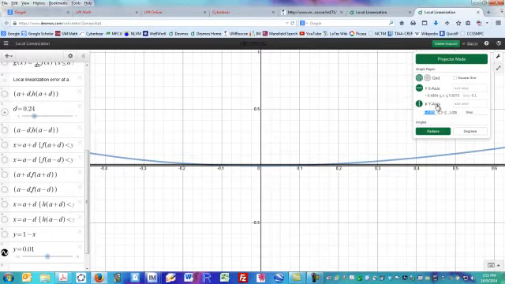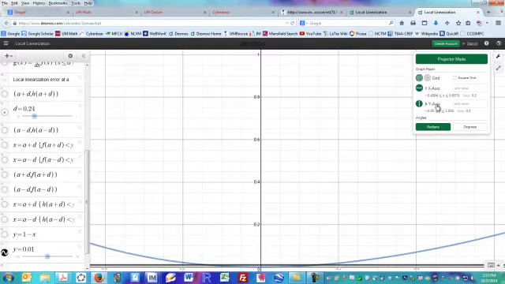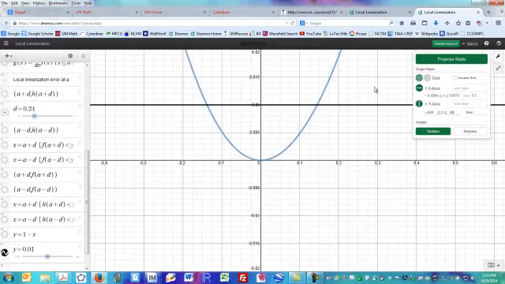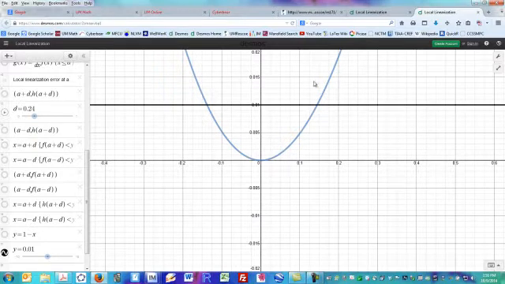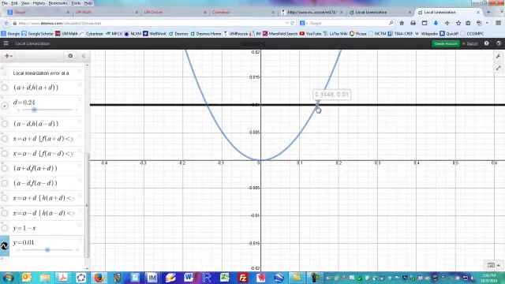So I'll run it from negative 0.02 to positive 0.02. This is the value of the error function, but we're in so tight that it looks kind of parabolic in form. And what I'm really after is that point right there.